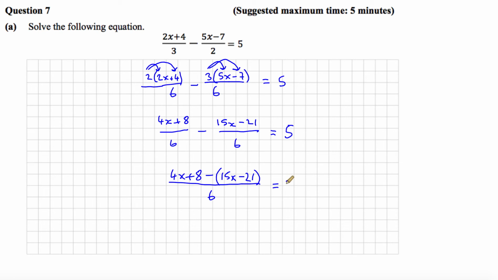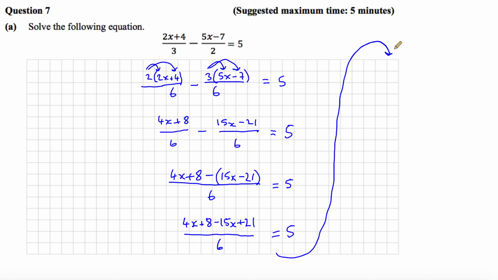That's equal to 5 still. So then we get on top 4x plus 8 minus 15x, and then minus 21 becomes plus 21. Again, that's all over 6, and it's still equal to 5.